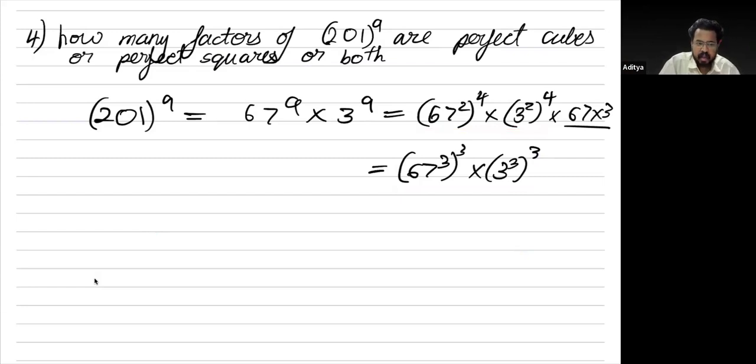Then you have to think what will happen with the perfect sixth power divisors also, numbers which are both perfect cubes and perfect squares. Shreyas, not correct. I think you have found only perfect squares that are not perfect cubes.